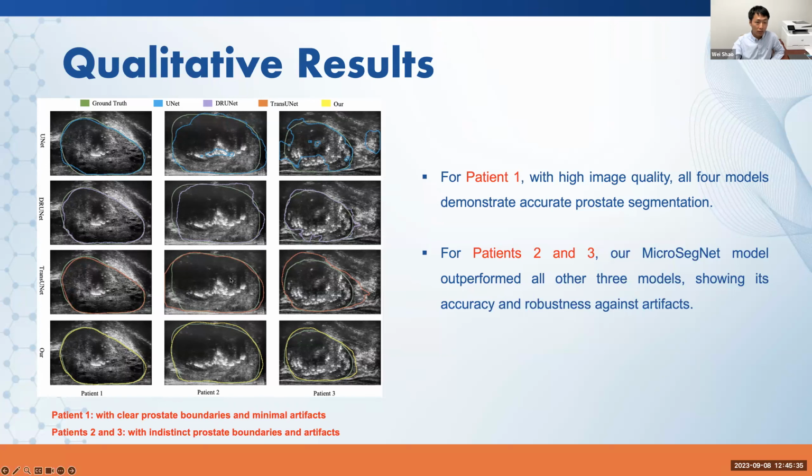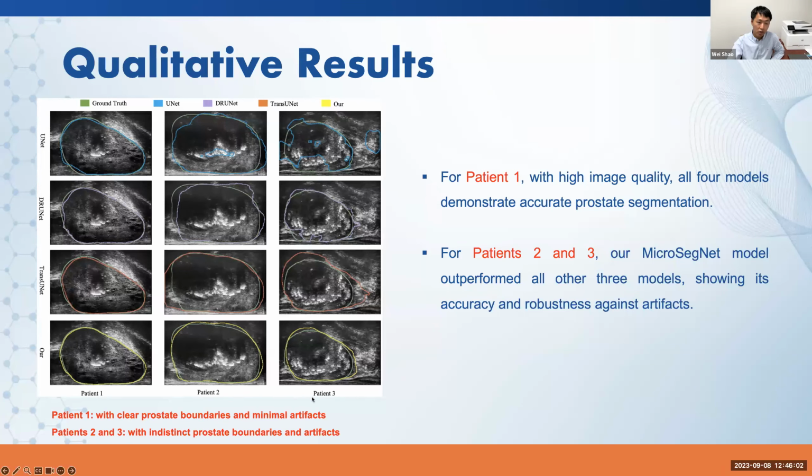But the transformer-based method, TransUNet, performs relatively fine. At least it has a consistent prediction and does not have those isolated predictions. But those 2 methods, and also the dilated residual UNet method, are still kind of robust to the artifacts, but still have huge misclassification near the boundary of the prostate.